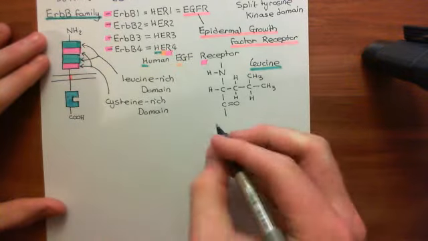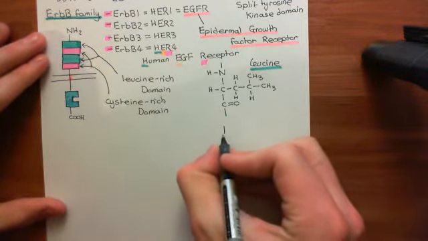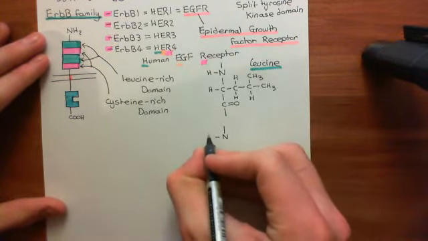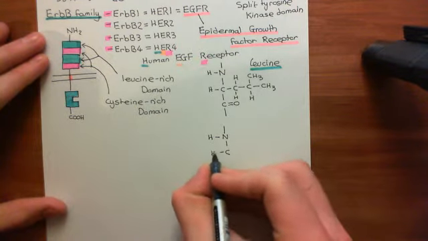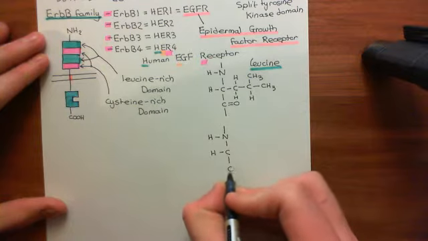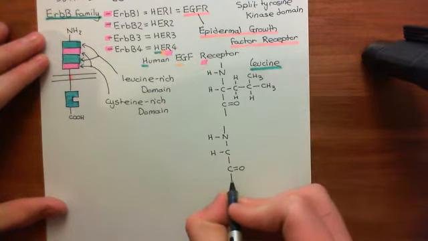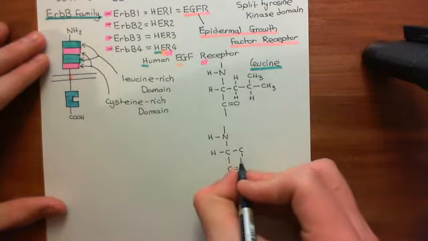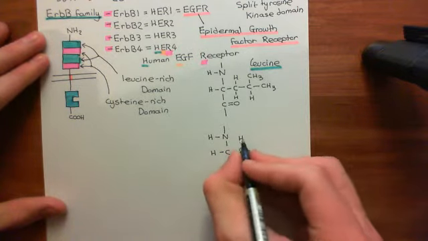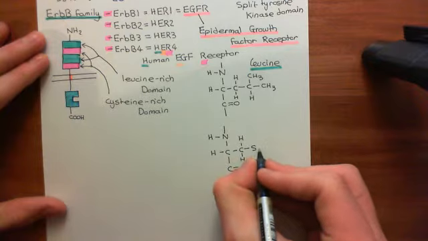So let me just remind you of the amino acid structure for cysteine. Once again, draw the core structure of the amino acid. Here's the amino group, here's the alpha carbon with a hydrogen coming off it, here's the carboxylic acid group, and then the R group of cysteine consists of a methylene group with a thiol group coming off it.